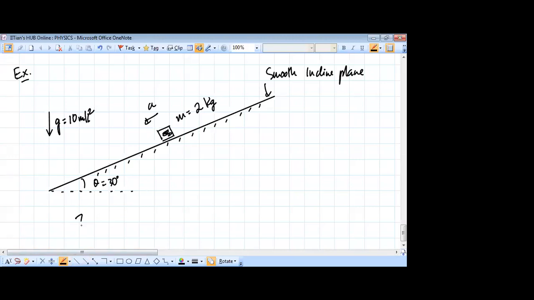Now again we want to find the acceleration of the block and the normal reaction. So just take down the problem and I'll explain the forces.